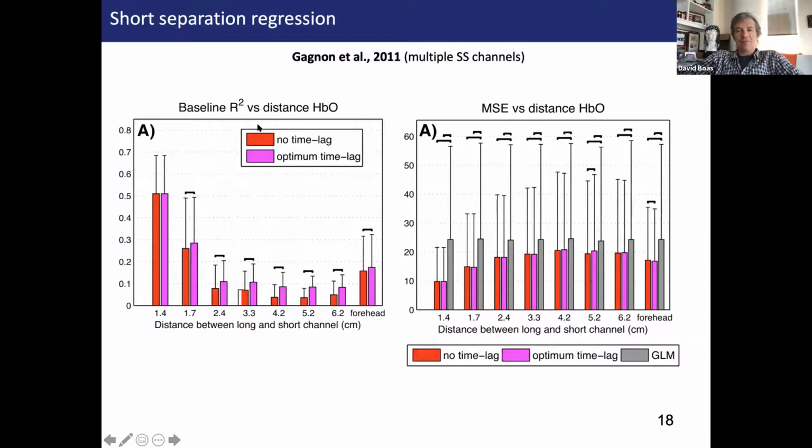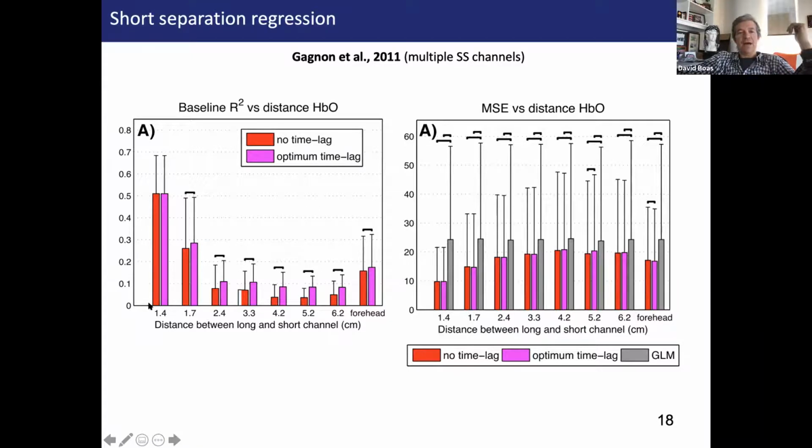But basically we had resting state data, and we were adding known hemodynamic responses to that, and then trying to estimate the hemodynamic response with different types of short separation regression. And so we knew what the true hemodynamic response was, and so we could calculate the R-squared correlation between our estimated HRF and the true HRF, or we could calculate the mean square error.